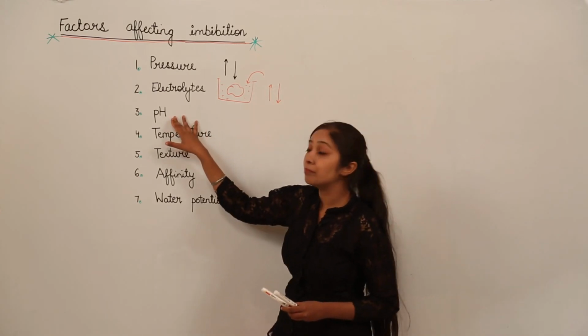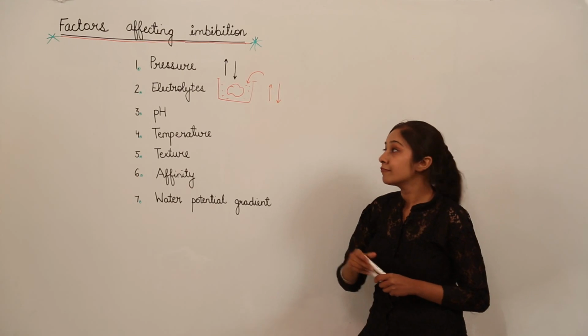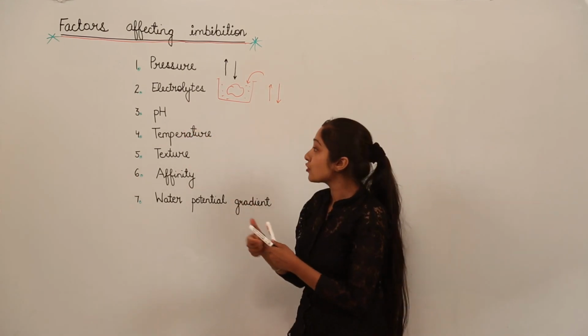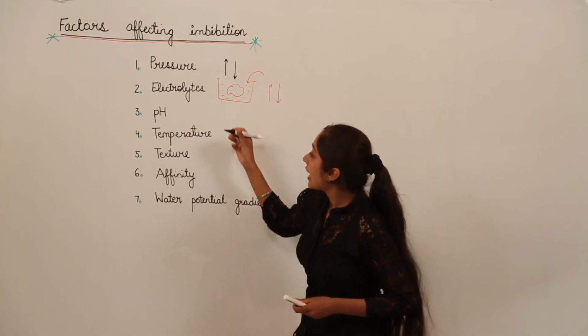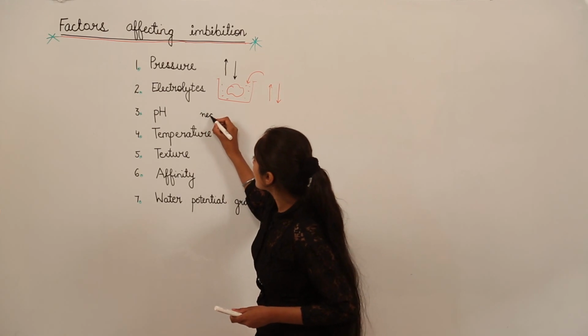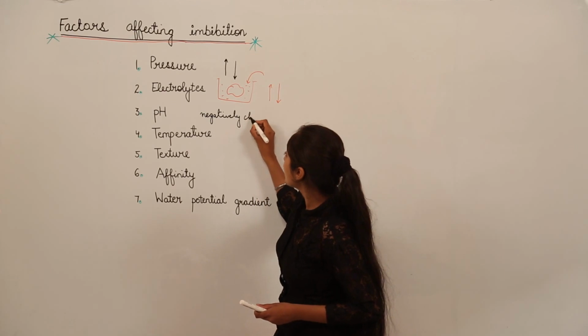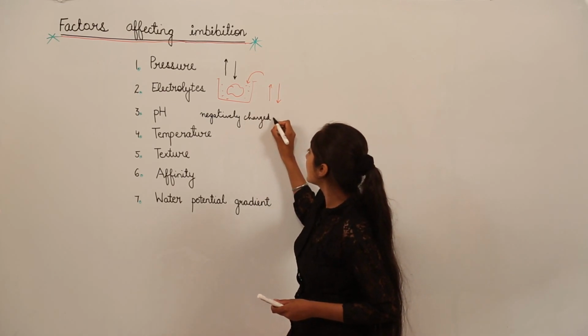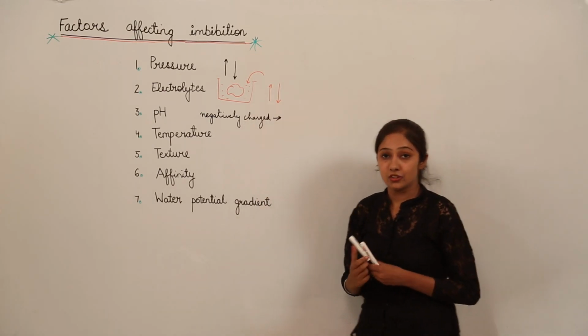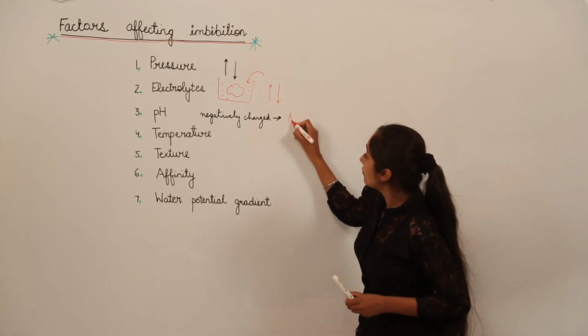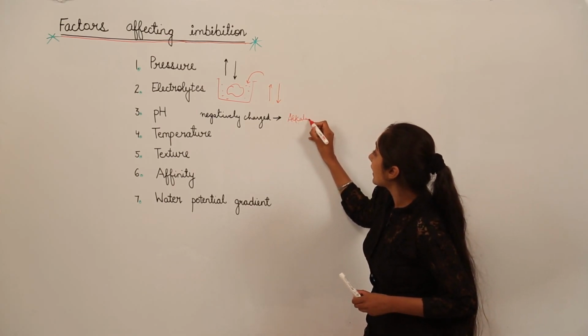Next we come on to pH. If we have a hydrophilic colloid which is negatively charged, it is going to effectively work at alkaline pH.